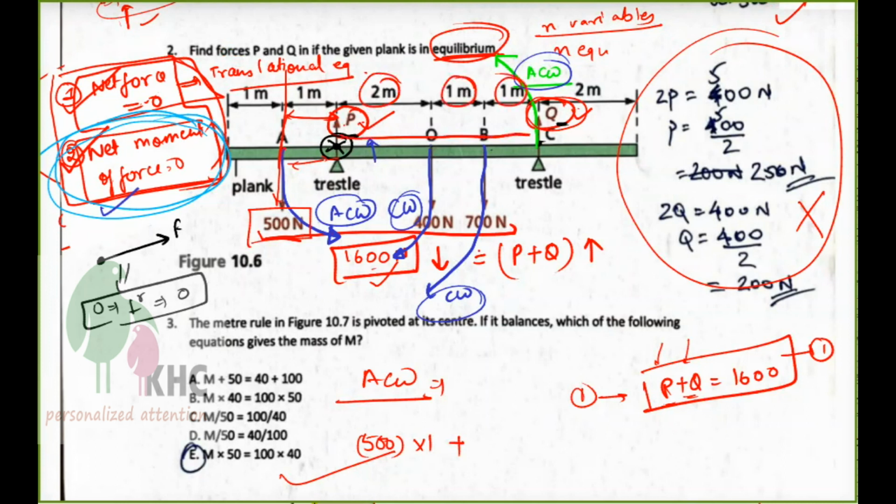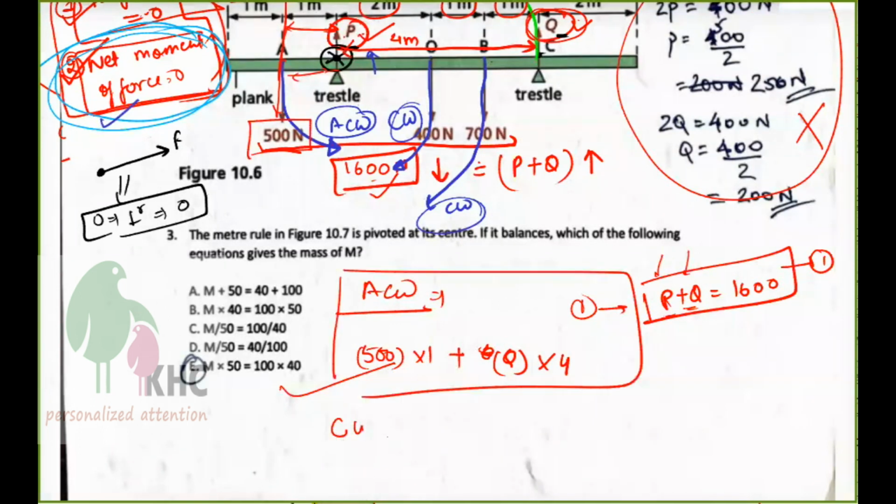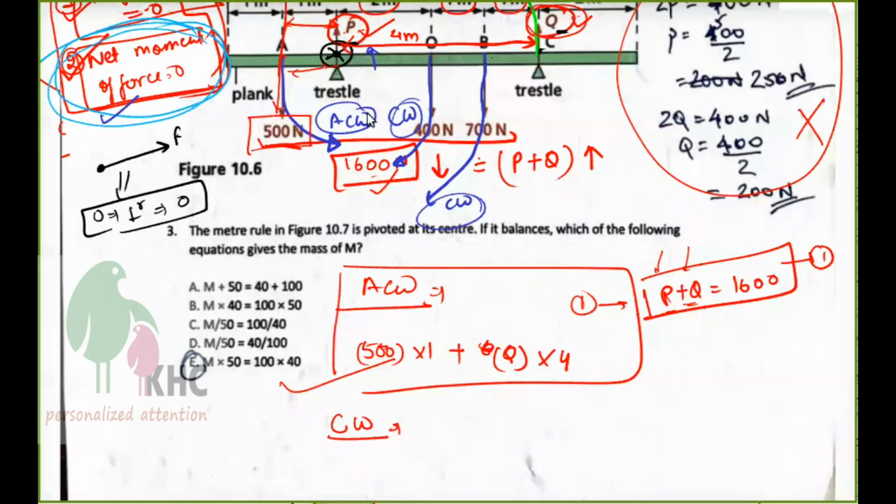So from the axis, the distance of Q is 4 meters. Is this thing clear? Yes, ma'am. So Q multiplied by 4. Then this is your anti-clockwise moments.